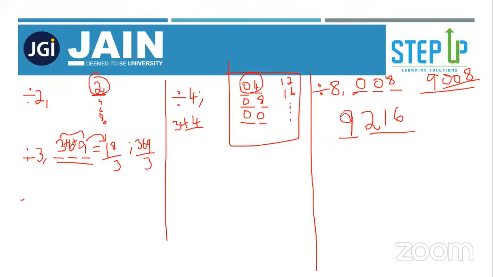1152. Okay, let's check it. This 152 is divisible by 8. Then 1152 is also divisible by 8.